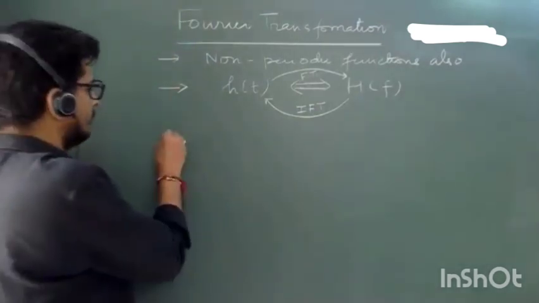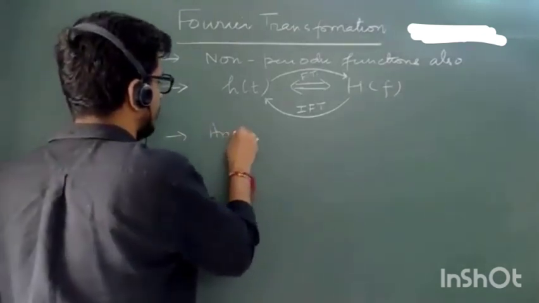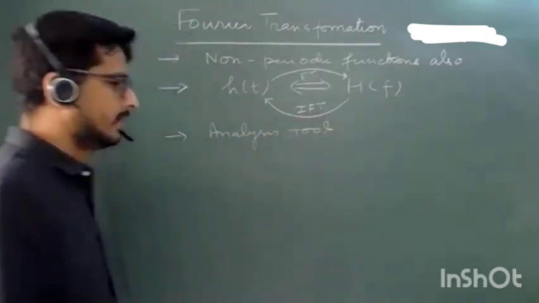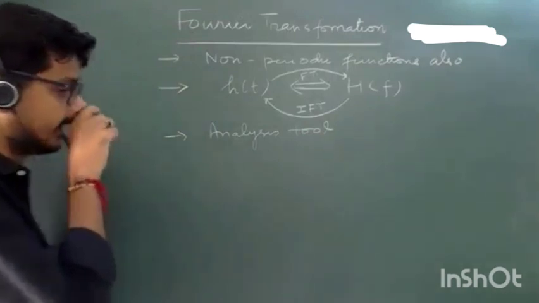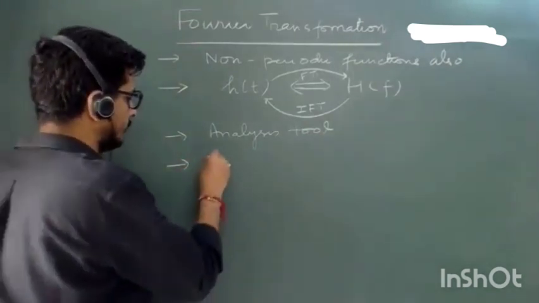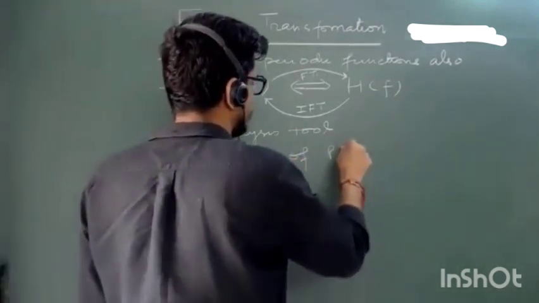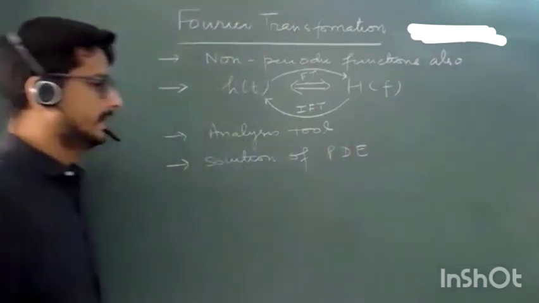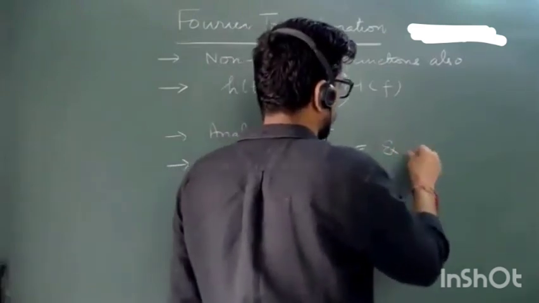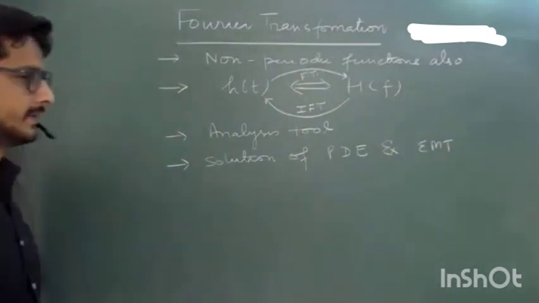Now, Fourier transformation is a very important analysis tool. We can analyze the functions. And the next thing is solution of partial differential equations. Many partial differential equations, for example in electromagnetic theory, we solve using this Fourier transformation.